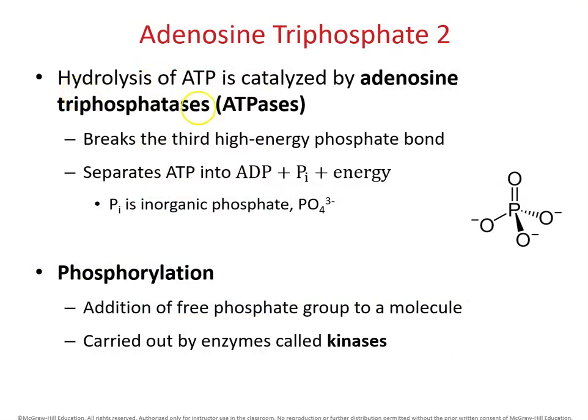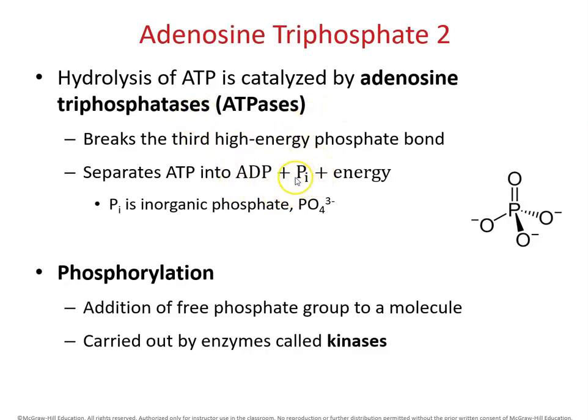When that bond between the second and the third phosphate group is broken, that happens by an enzyme called adenosine triphosphatase. Okay, notice the ASE. ASE tells us it's an enzyme. So we abbreviate this ATPase. Okay, the ATPase is the enzyme that lets go of that bond.